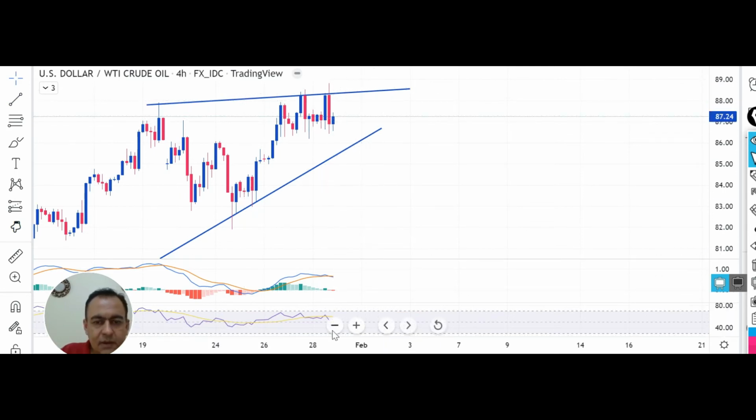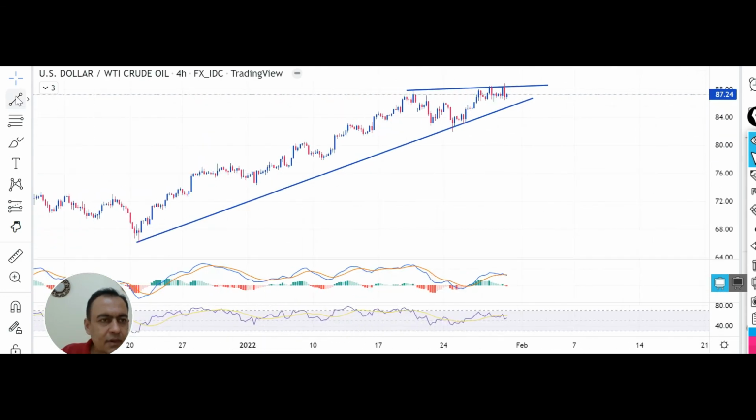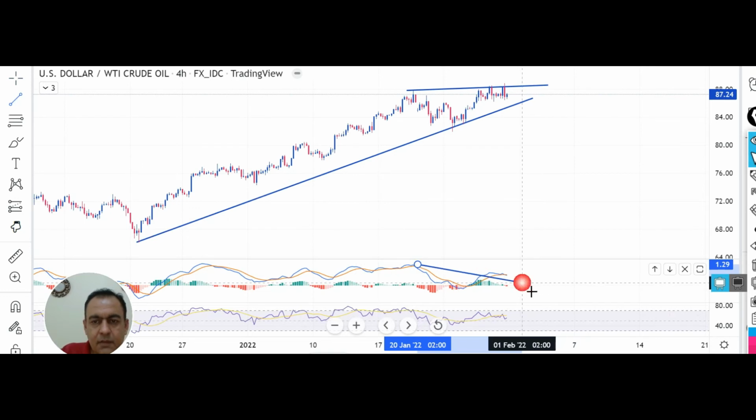Apart from that, we can clearly see a bearish divergence on the MACD. So this is the reason I'm waiting for the trend line to be broken.